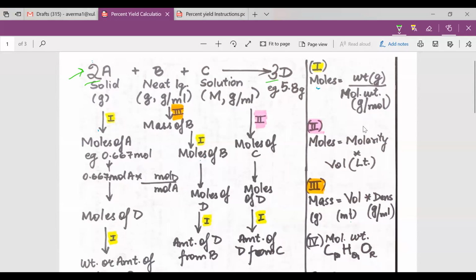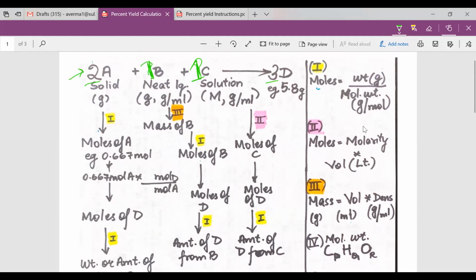And what is the stoichiometric coefficient for your product that is being generated? According to this equation, it is 3. But what is the stoichiometric coefficient right here for starting material B and C? So this is 1 and this is also 1.